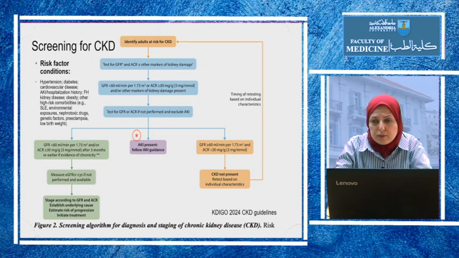Was he dehydrated for a while in the past month? Does he have any pyuria, any hematuria? And if this is present, then we should treat it as such. If the GFR is normal, the albumin-creatinine ratio is normal, CKD is not present, and we can retest.